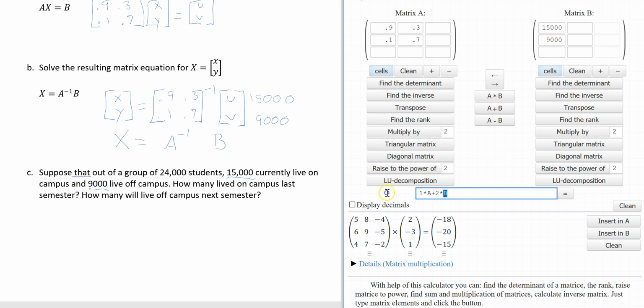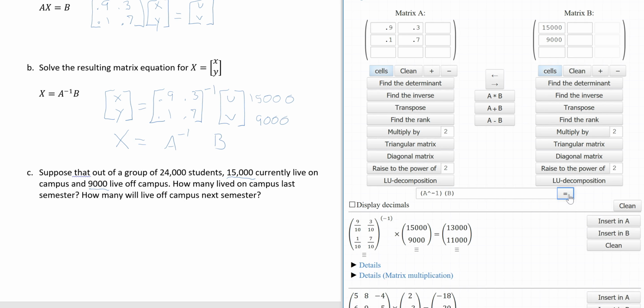I need to calculate A to the inverse, and that is going to be multiplied with B. And to make sure that the website reads this correctly, I want to use some parentheses. All right, so I took the inverse of matrix A, multiplied it with matrix B, and it gave me the answer of 13,000 and 11,000.